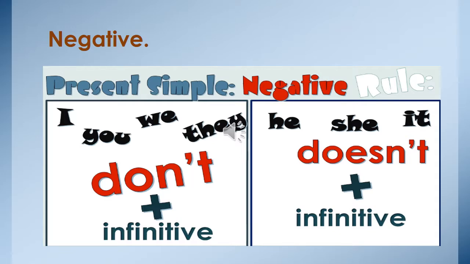You can see the rule is to use the pronouns and the auxiliary do and don't, because some American people like to use the contraction, and for he, she, and it it is doesn't, because does is for the third person.